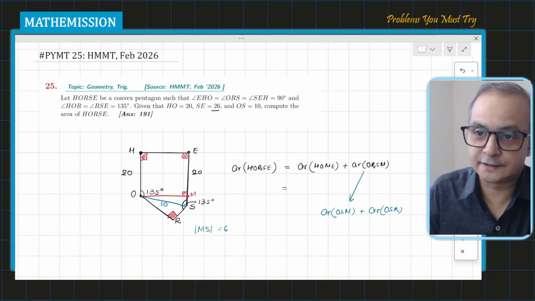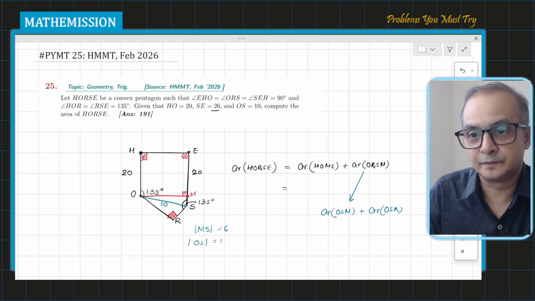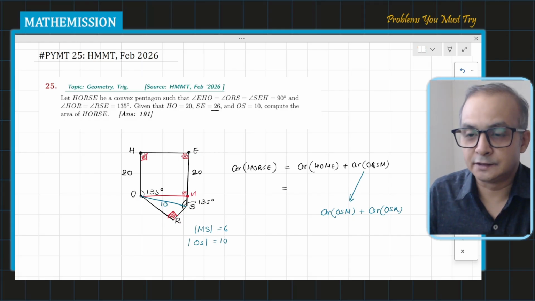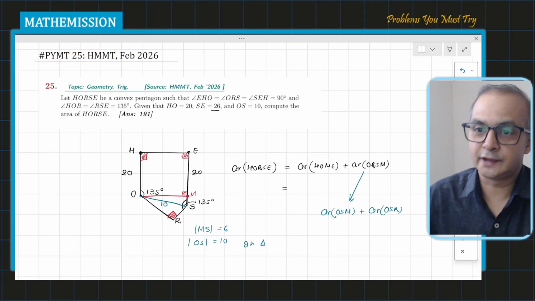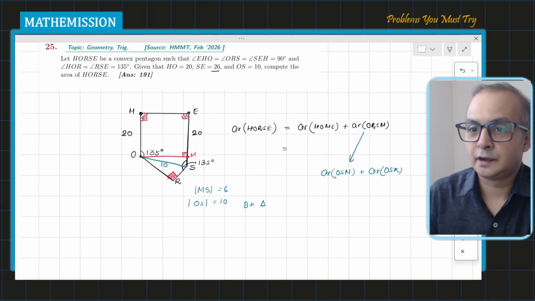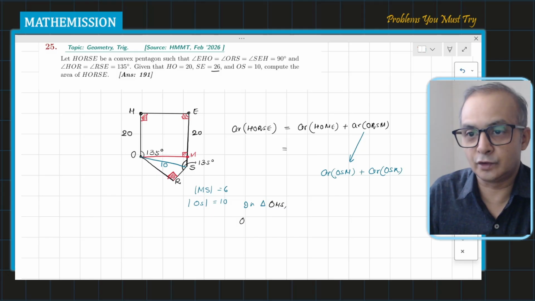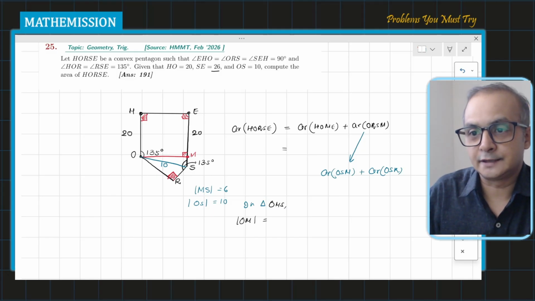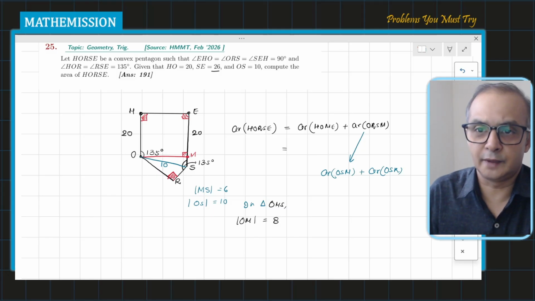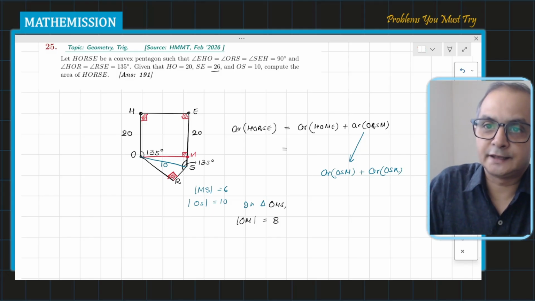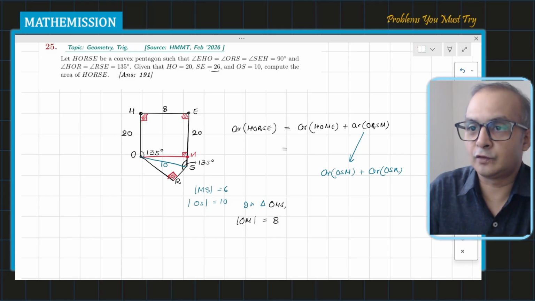MS length is 6 and OS length is already given as 10. In triangle OMS, I can use Pythagoras because 10 and 6 are known, so I can find the OM length as 8, because 10 squared minus 6 squared. So this length is 8. So the area of HOME, I will get it as 20 into 8.